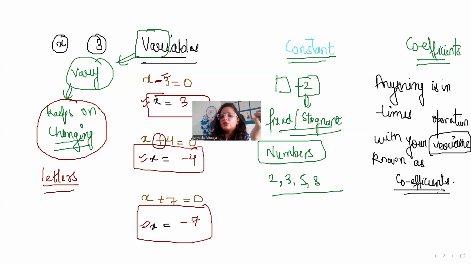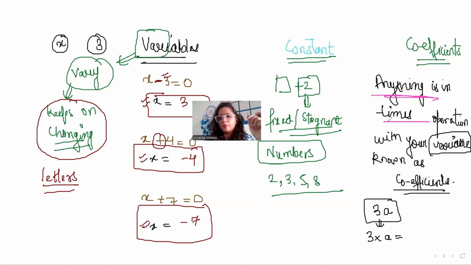Let me just give an example. Suppose I wrote 3a. In maths, when we don't have clarity of operation between any 2 terms, those 2 terms have a multiplication sign by default. So this 3 and a are in times operation. Let's continue with the definition which I wrote here.